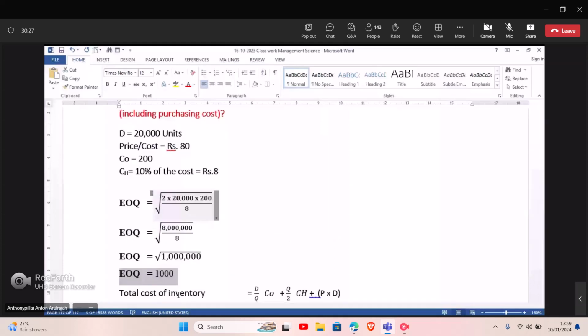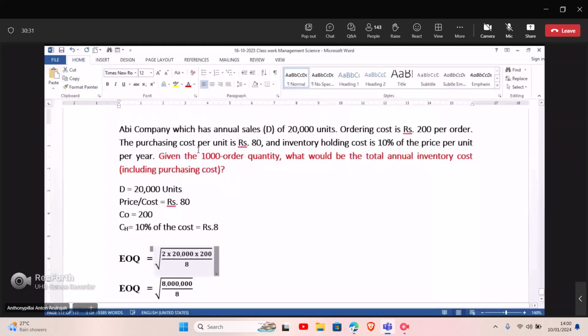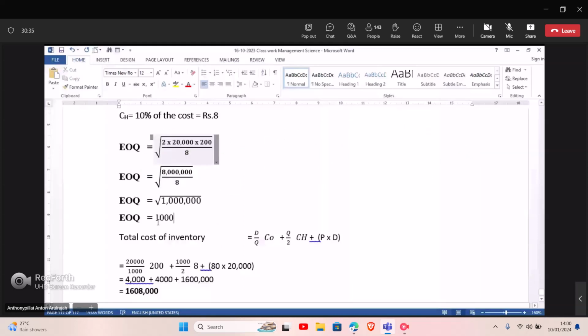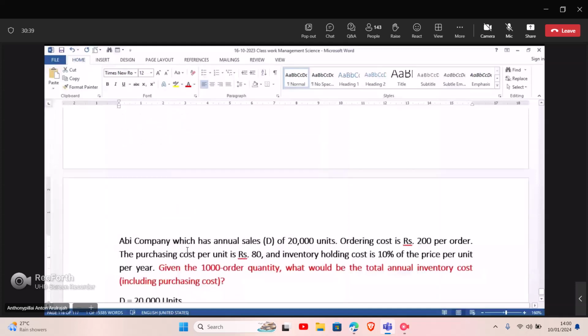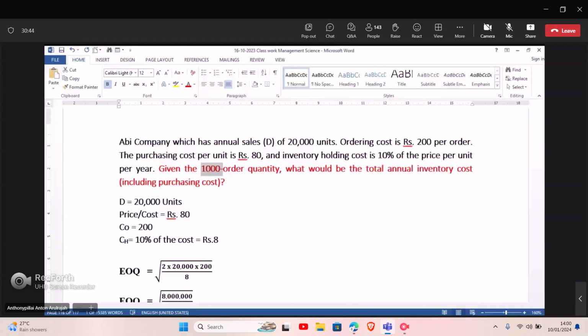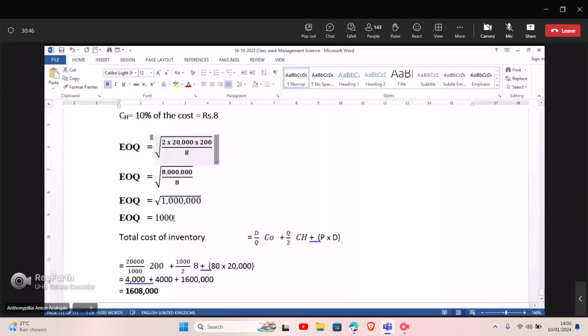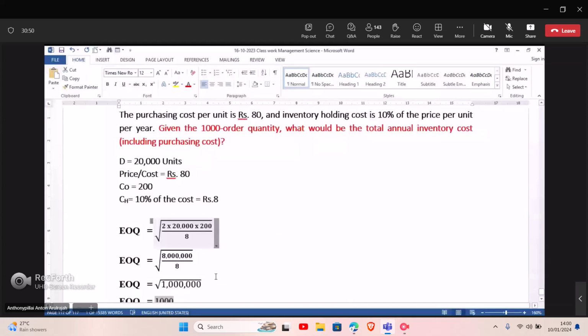So in this example, EOQ, even without finding, sometimes EOQ is 1,000, and here also it's 1,000. Sometimes if it is a different one, what will you do? You don't need to consider this EOQ. Why?